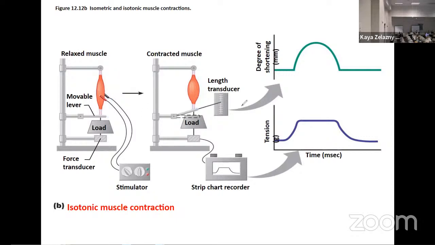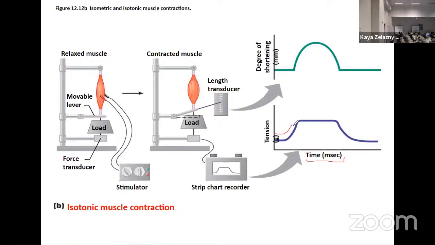Okay. So if we are looking over time, we would note two things, with time in milliseconds. Let's think about the tension first. If we're looking at the tension that we're measuring, the force at the load end of our muscle, we'll see a portion at the beginning that looks like our isometric twitch.